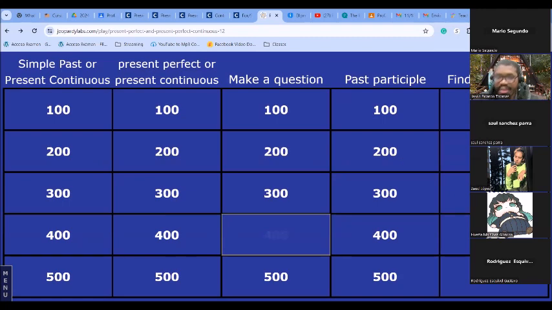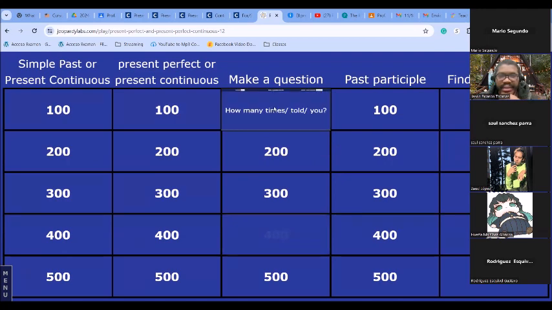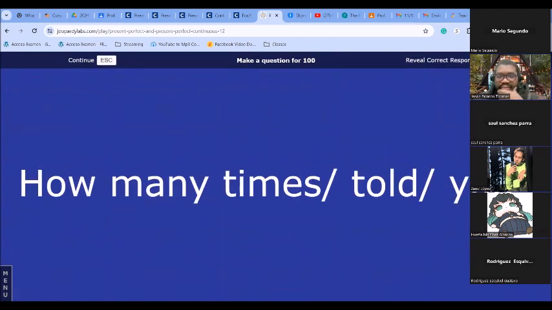Alondra just did, so Gustavo. Make a question 100. All right, making a question for 100. Go ahead. How many times... Hint, the subject is I. How many times I told you?